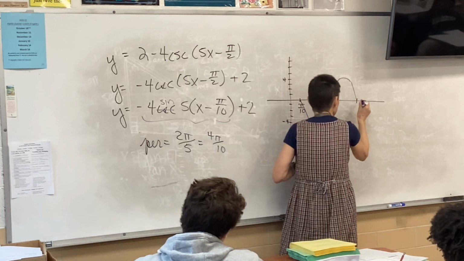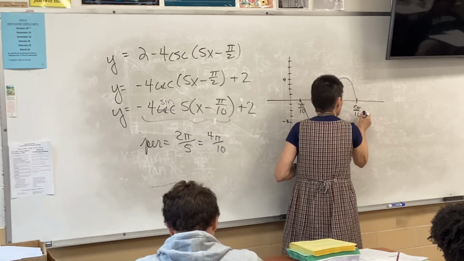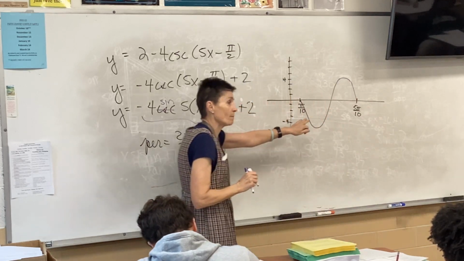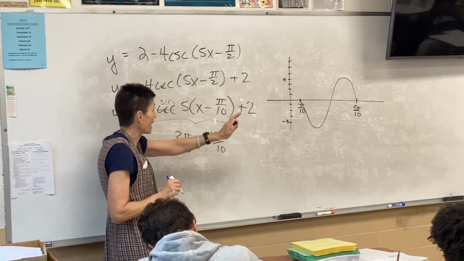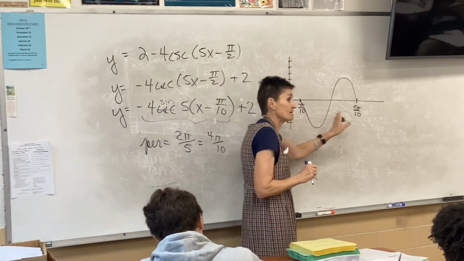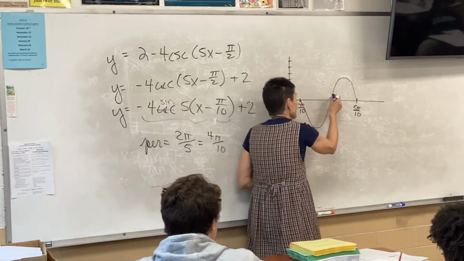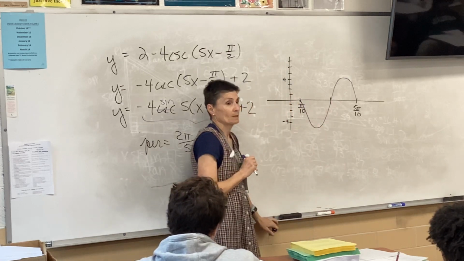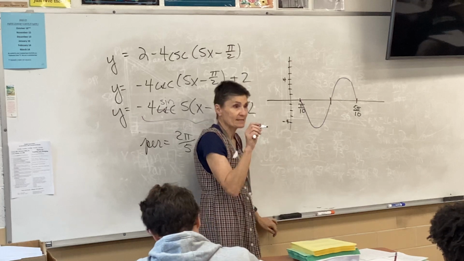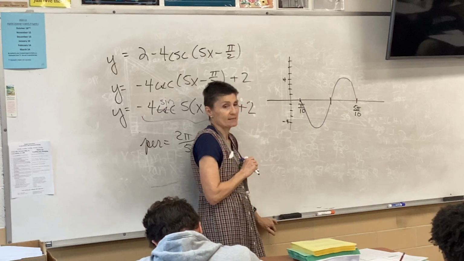So it's going to end at 5/10. Now, I know that's 1/2. If you want to make that 1/2, that's fine. I am not going to penalize you for not simplifying these fractions because now I need to find the midpoint. And if I leave them all with the same denominator, it's going to be easier.